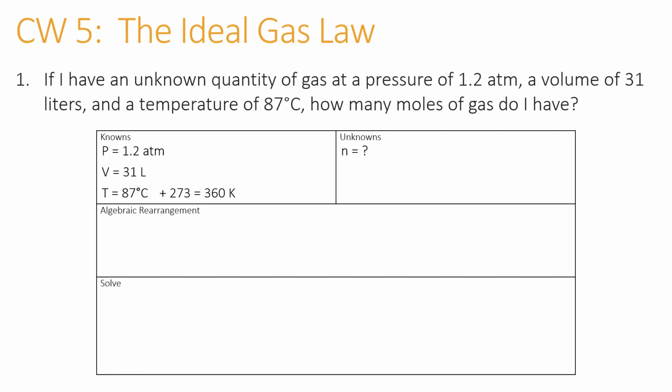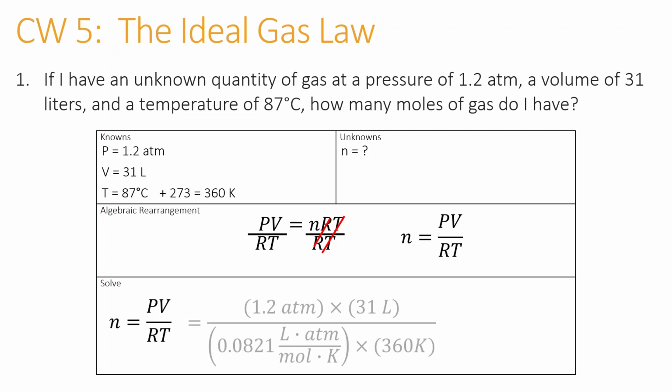Now remember that my temperature needs to be in Kelvin, so I'm just going to add 273 to get my Kelvin temperature here. So we're solving for n, which means I need to divide both sides by R times T. R times T cancels, and we're left with n equals PV over RT. So now we need to just go ahead and plug in some values and solve here.